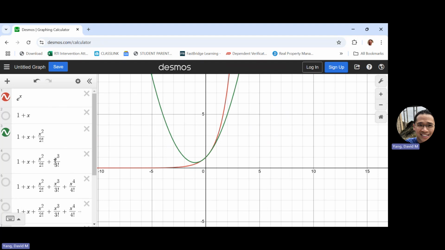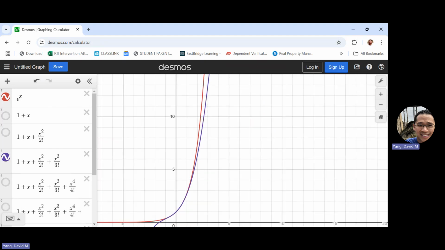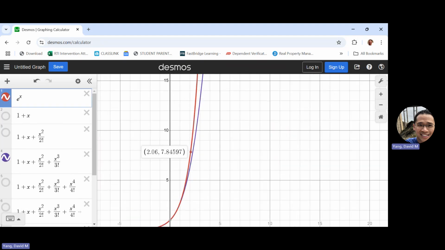Like, what if we were able to get the third derivative to match with that of e to the x? Then the graph will look like this, right? I mean, it's doing a pretty good job on the right side. Even as we move to 5, it's pretty close, right?